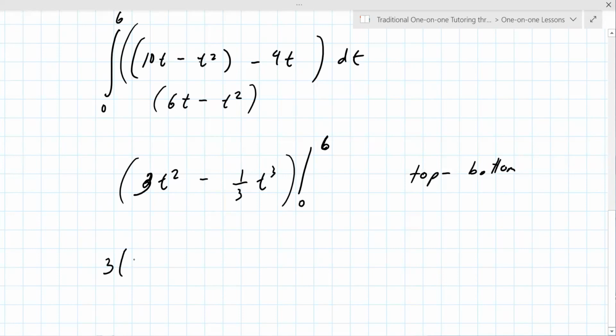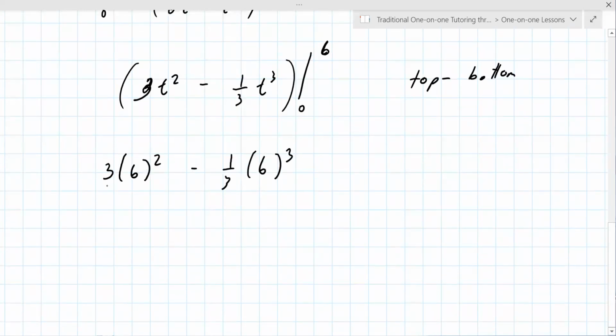So it's 3 times 6 squared minus 1/3 6 cubed. 6 squared is 36, times 3 is 108. 6 cubed is 216, and then 1/3 of that is 72. So that equals 36 meters.